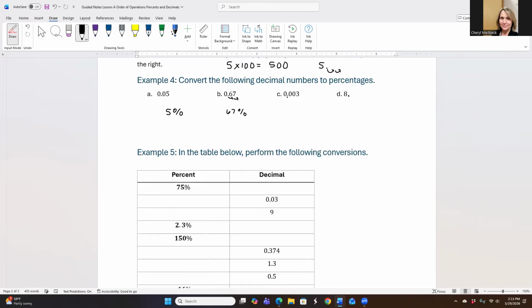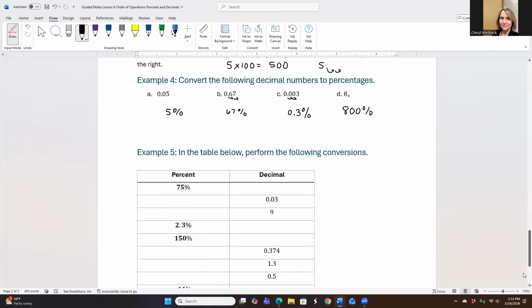So for C, if we move the decimal 2 places to the right to convert 0.003 to a percent, we're going to have 0.3%. And for 8, we put the decimal behind it. If we move it 2 places to the right, we'll actually have 800%. So the whole number 8, as a decimal, becomes 800% as a percentage.